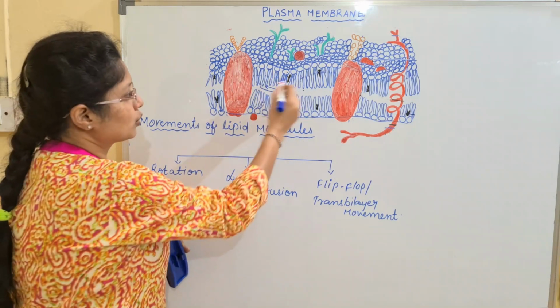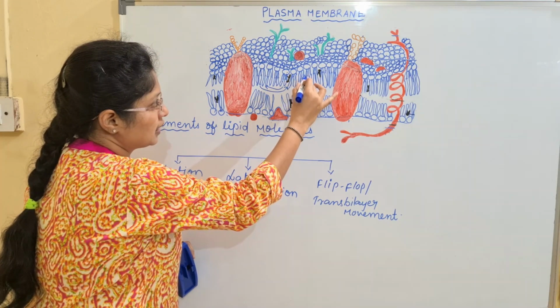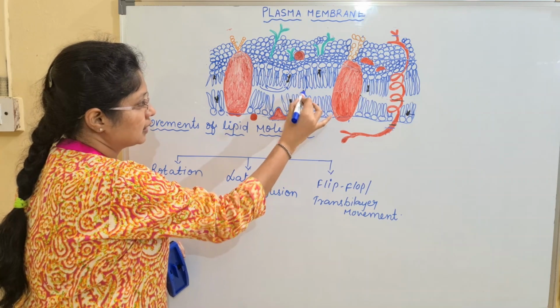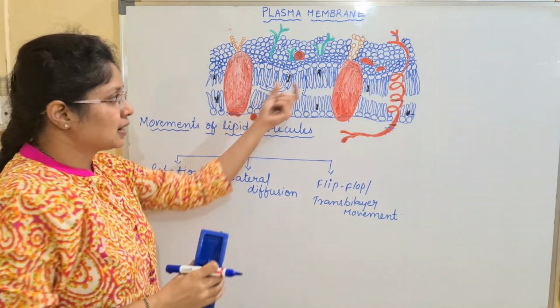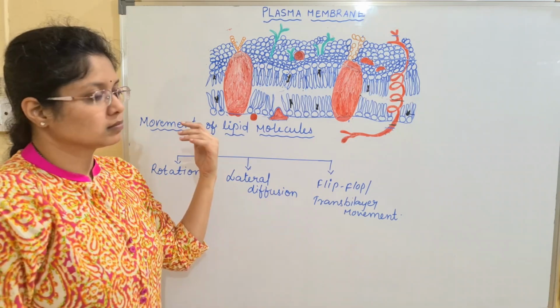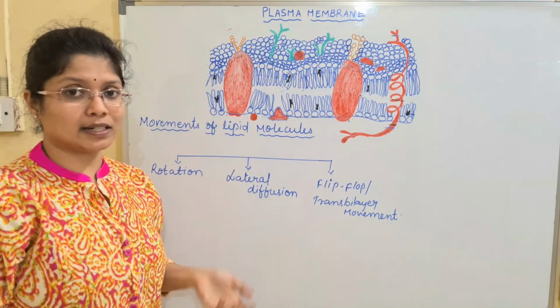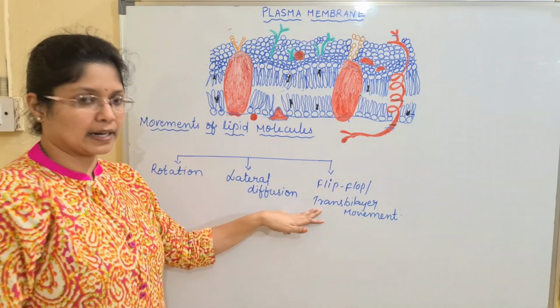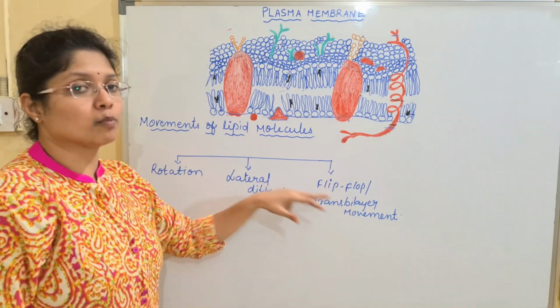We have outer and inner leaflets. If this lipid molecule is slowly placed here, and this lipid molecule in turn exchanges place with that lipid molecule, we call that the flip-flop movement. The diffusion of lipid molecules from one layer to the other layer is said to be trans-bilayer movement. You can also call it flip-flop movement.